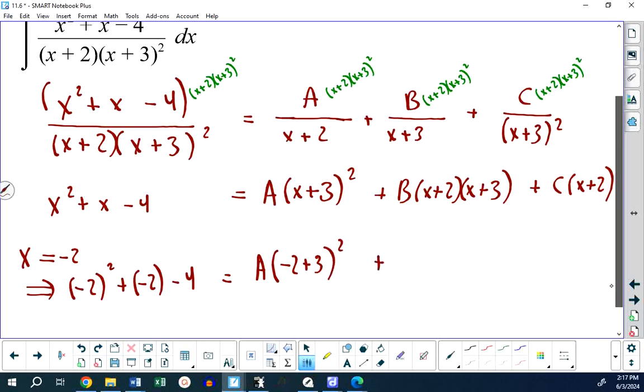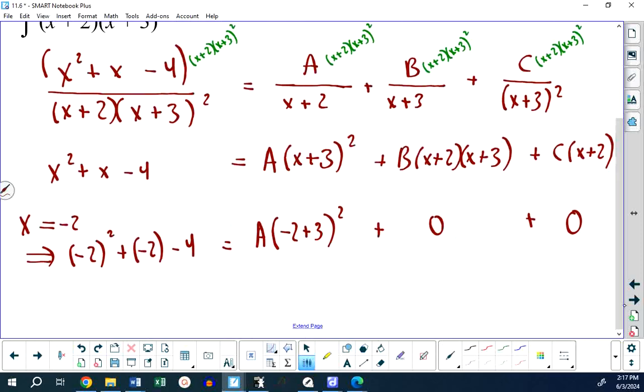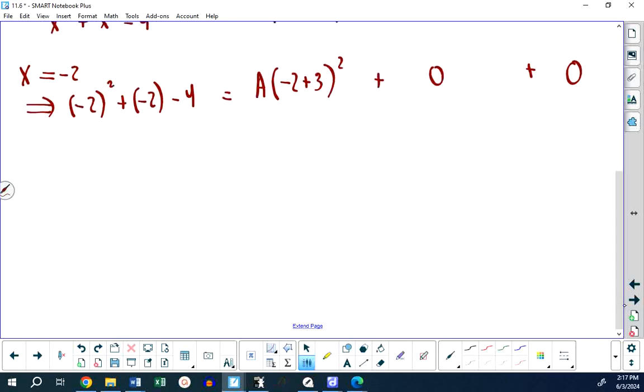I don't think you really need to write this down, but these 2 terms are both 0 because negative 2 is a 0 of the factor included in those terms. There's an x plus 2 there. That works out to our advantage because on the right-hand side, all we have is A. A is equal to, I believe, negative 2. We're okay with that? So we have A down.